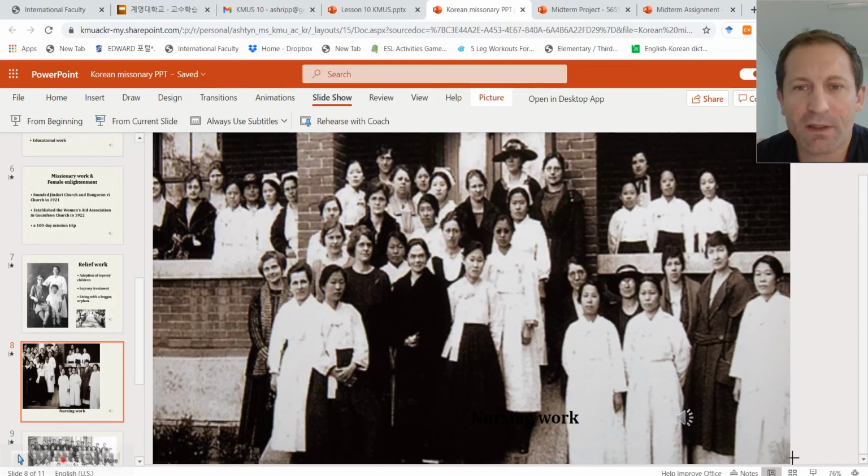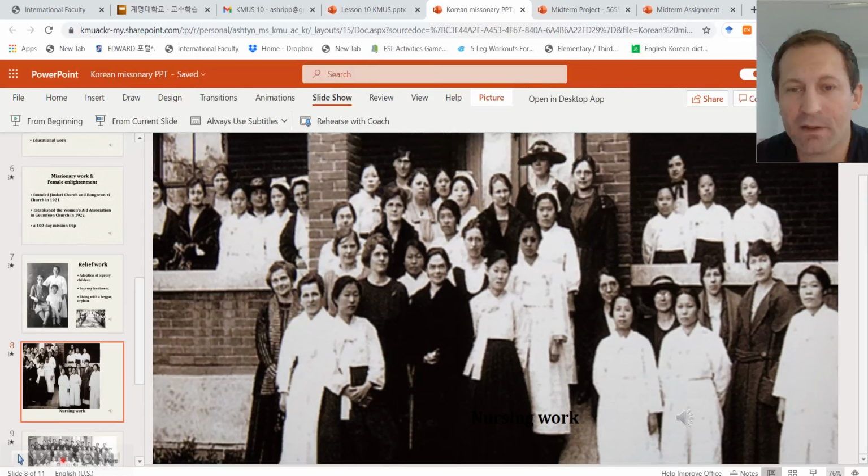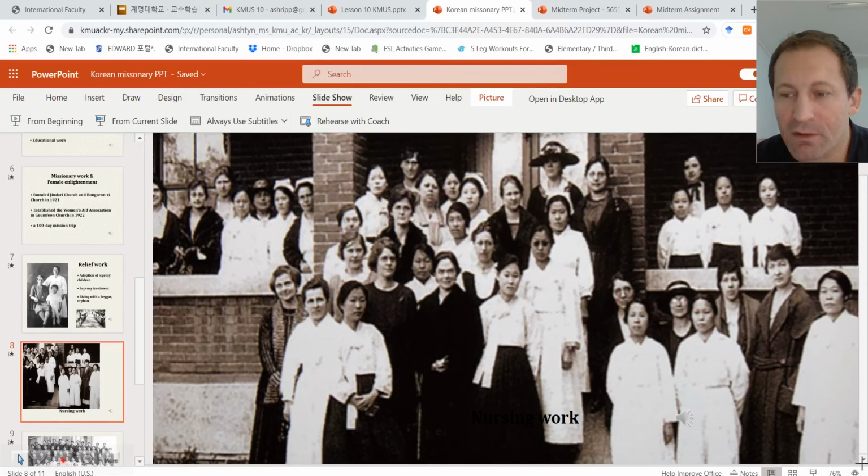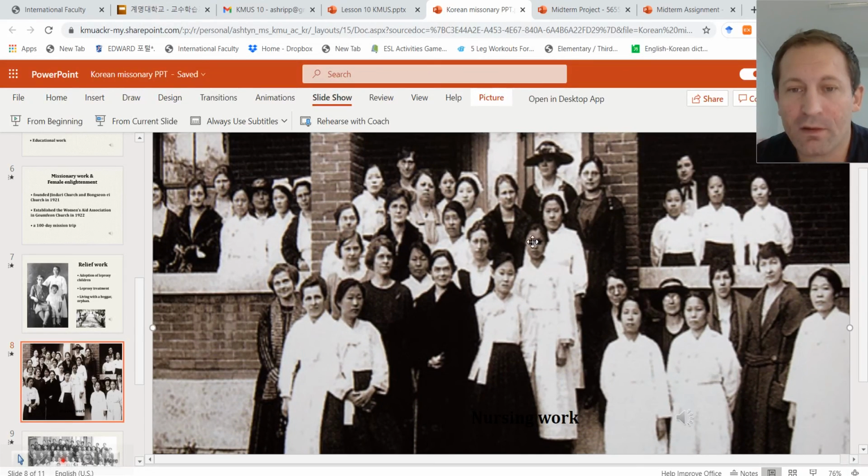So I guess these are some of the first nurses that were working there, and some of the Korean women. Maybe they were learning to be nurses too, or they were learning about the Bible or something. But pretty interesting. I wonder, she has glasses. Maybe she's blind. I'm not really sure, but anyway, very cool. I love these old pictures.